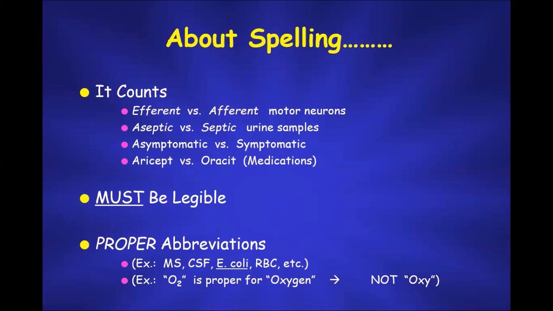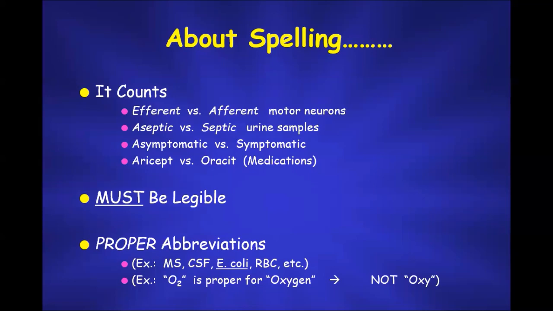Words like efferent and afferent. They're one letter difference, but they are totally different from each other. We've learned through this whole pandemic, symptomatic versus asymptomatic. We know that if someone's symptomatic, there's a certain protocol that they have to do. And there's someone who's asymptomatic. It's a totally different protocol. And it's only a one letter difference, right?